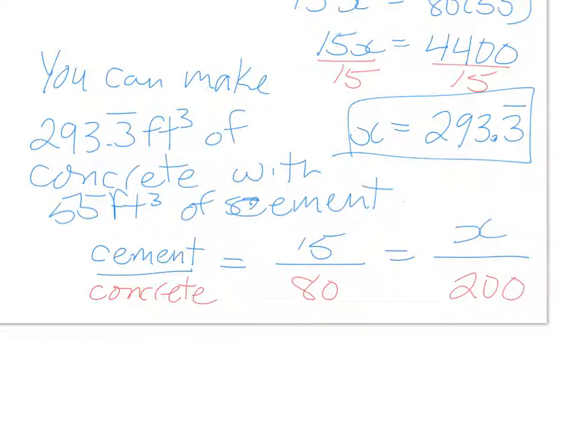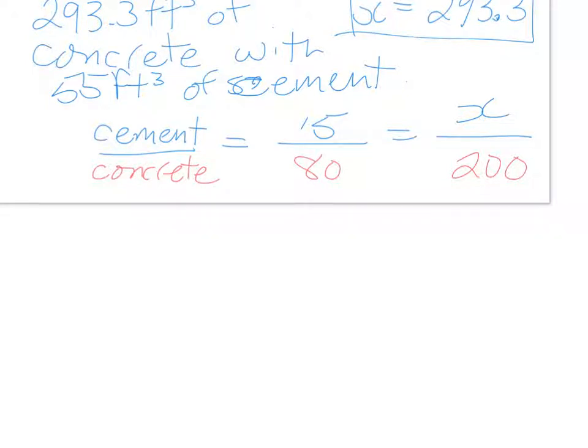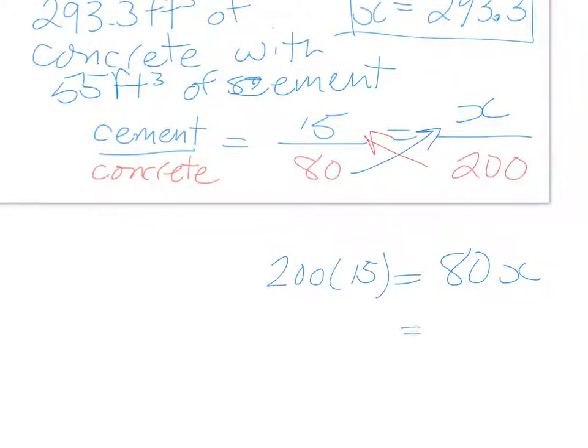Okay, now that we've got it to that point, we're just doing our cross multiplying. So we go 80 times x gives us 80x, and then 200 times 15, so 200 times 15, okay? 200 times 15 gives us 3,000, and then we have 80x, and now we know we have to divide by what's attached to x, so we divide both sides by 80.